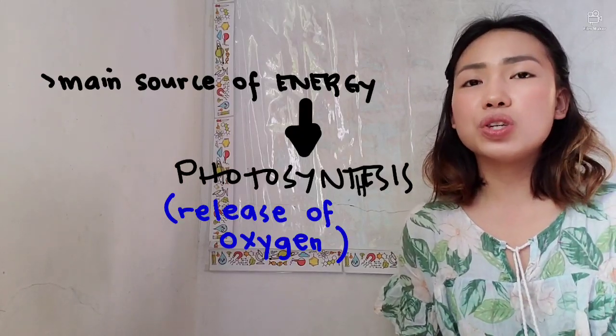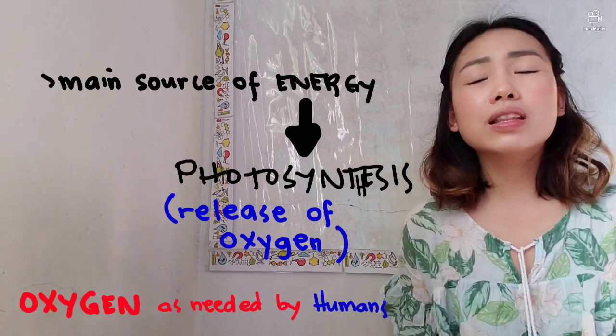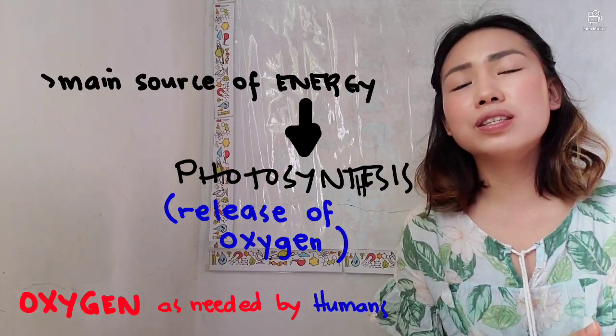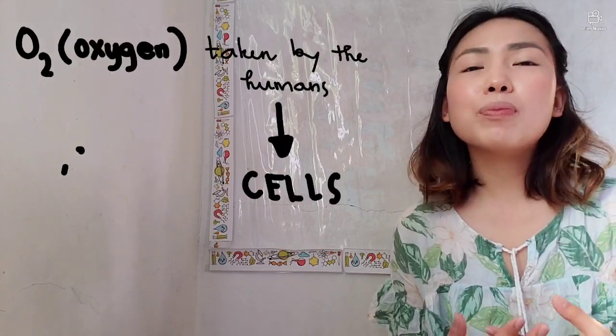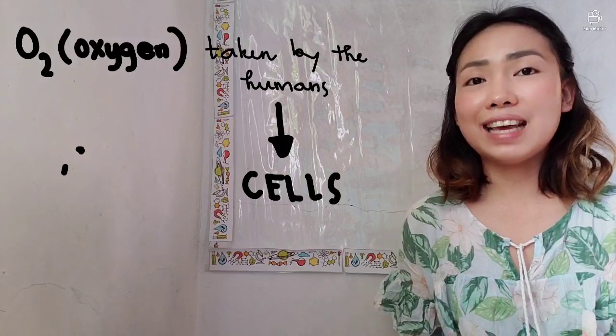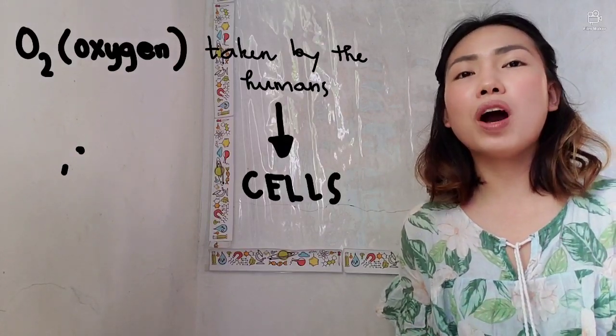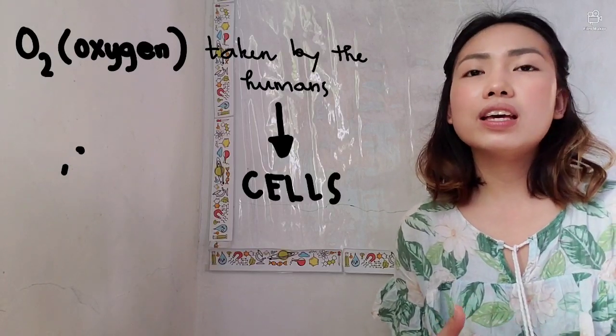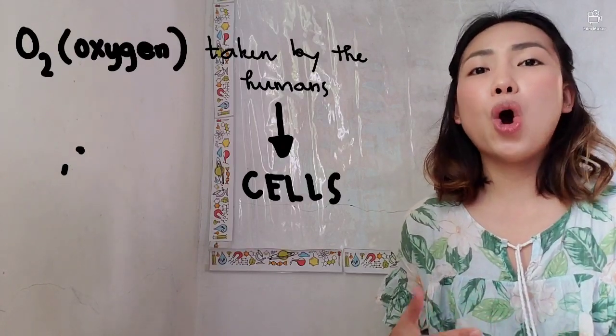And this oxygen is obviously needed by the humans. Para tayo naman humans ay makasurvive, kinukuha natin yung oxygen na nire-release ng plants. Now, this oxygen taken by the human body ay pumupunta sa mga cell. So, nakakapagpabuhay o nakakapagpa-generate sa mga cells natin sa katawan is through the use of the oxygen.